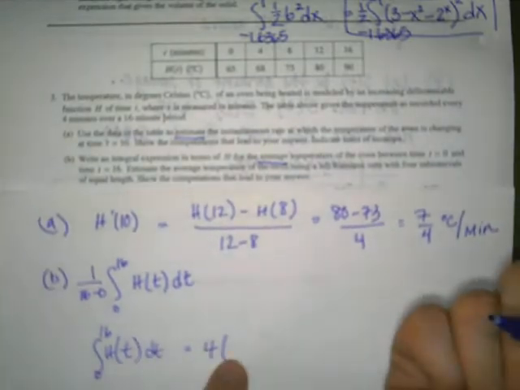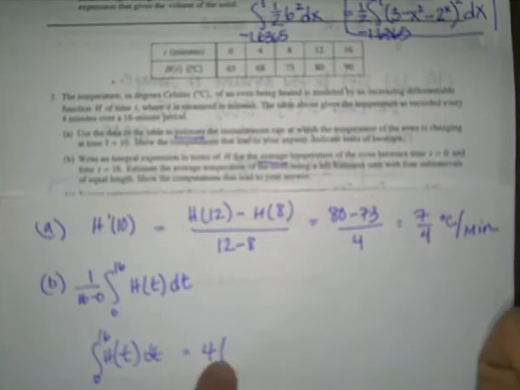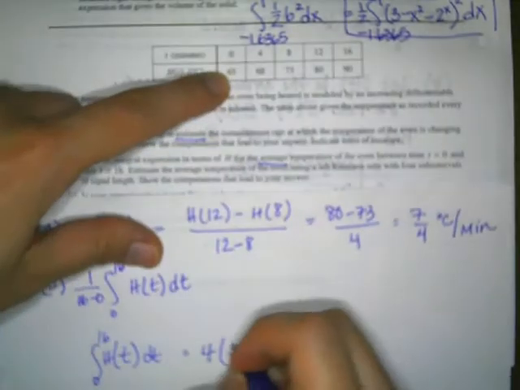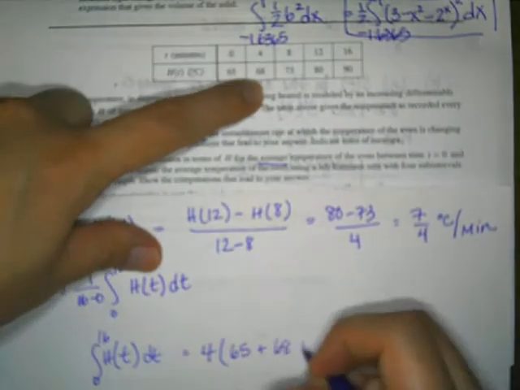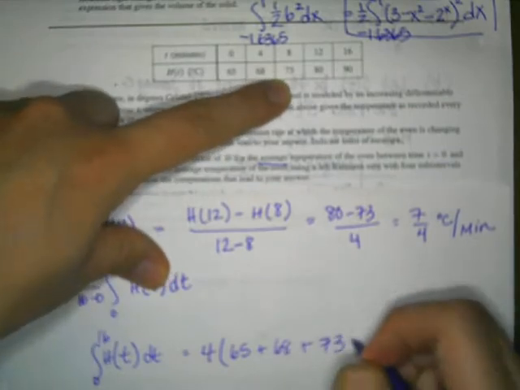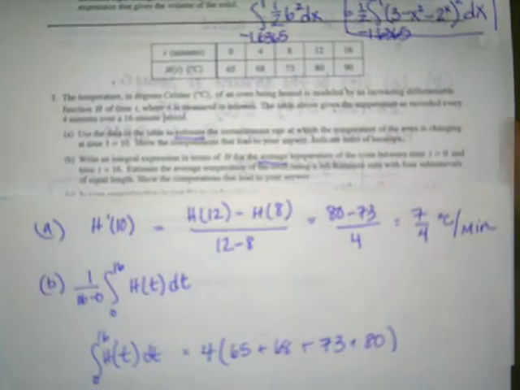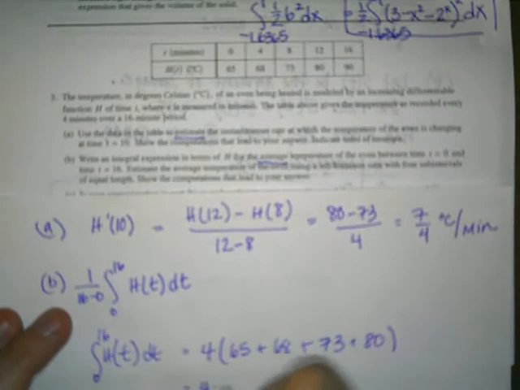And then all of my y values, this is like length times width. 4 is my width, and my length is given by the left-hand values here. So this is the left-hand value of the first rectangle. For my height, this is the next left-hand rectangle for my height, and then for 73 and 80. And we leave 90 off because that would be the right-hand side of the last rectangle there. Adding all those up gives me 286.